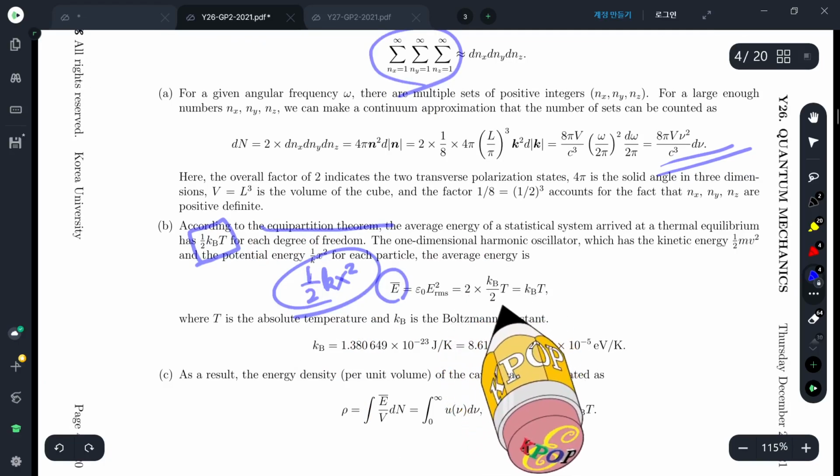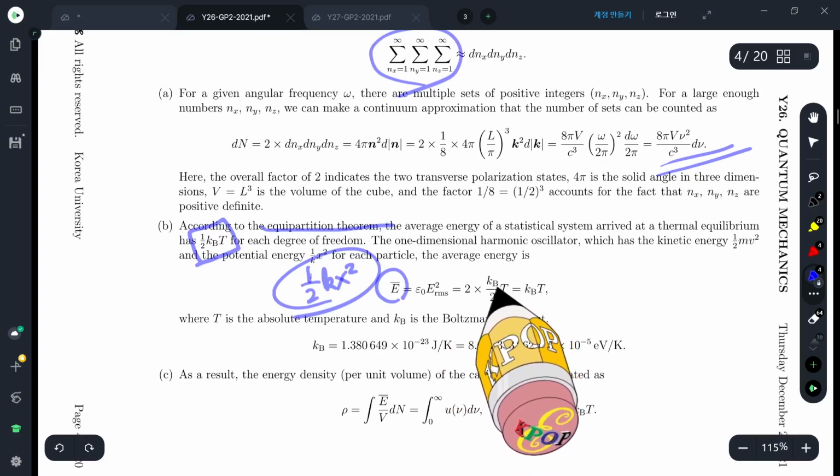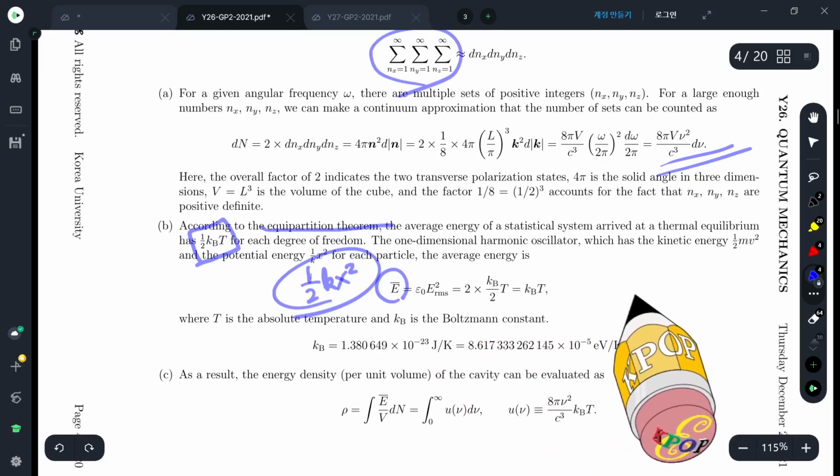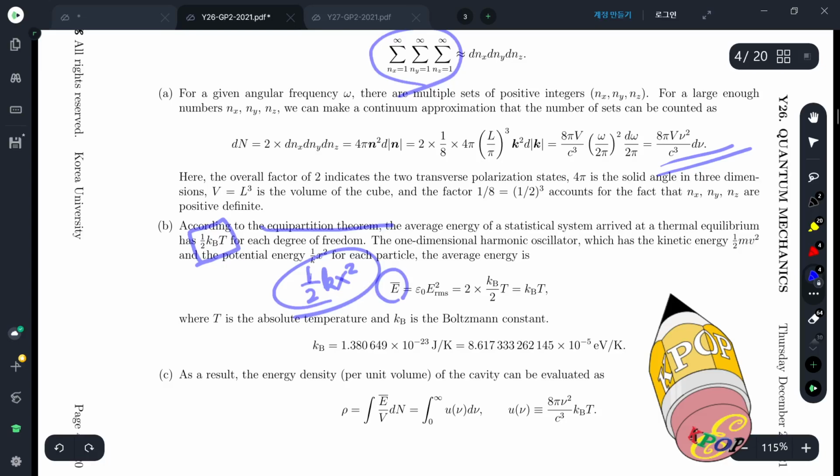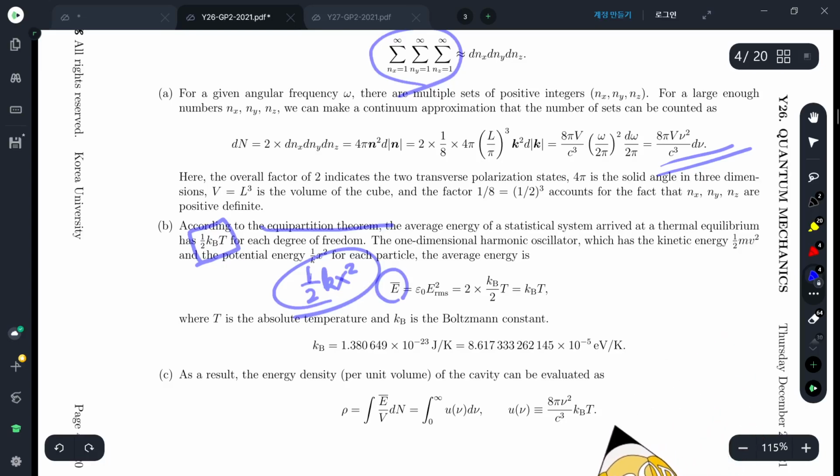And for a single dimension, we have 1/2 kBT. So, including all of this, our spectral radiancy in terms of the frequency integral is like that.